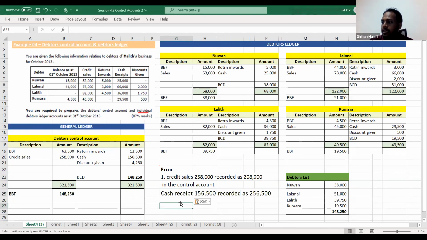Error 2: cash received 156,500 recorded as 256,500 in the control account. How do you correct this? Tell me, how do you correct this? This is an error in the control account. So this should be adjusted in the control account.